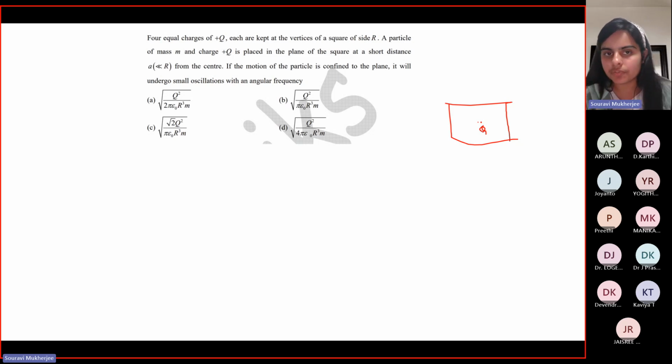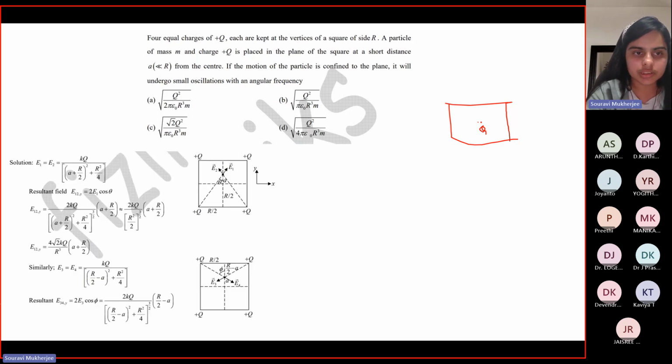So that means if you can find an expression for the net force on this charge and see if the force has an omega square x kind of expression, then from the omega square, you can find omega, right? That is the question. So now it is quite simple. In this kind of questions, first try to think how to proceed. The other part of the question is pretty straightforward.